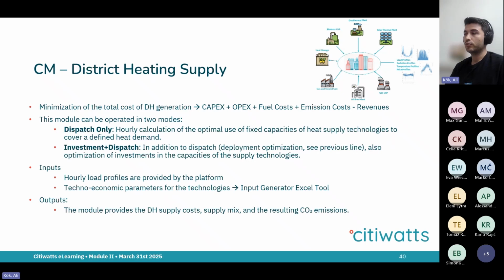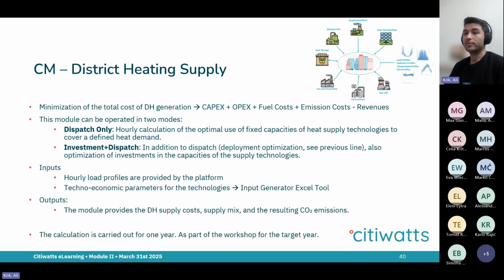The main outputs of the model are the cost of district heating supply and the breakdown of this cost. Then we have the supply mix, so which technologies are used to which extent. And then we have emissions.